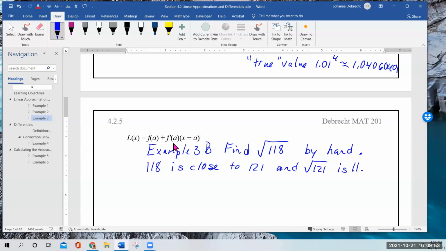In other words, I can set my a to be equal to 121. And I can set my function to be equal to the square root of x. Then f of a becomes the square root of 121, which is 11.